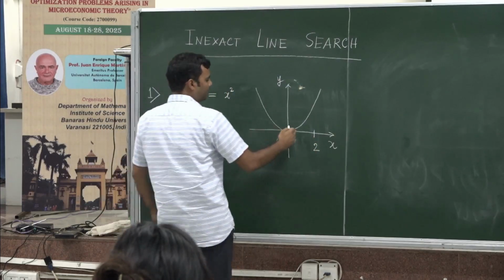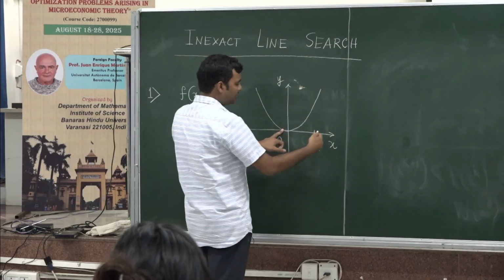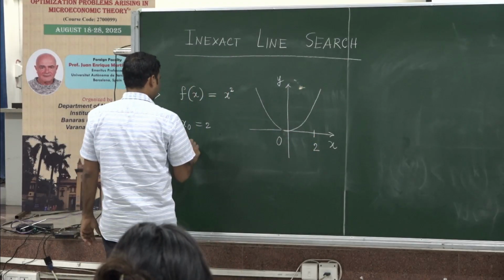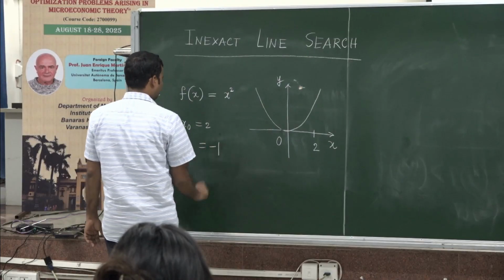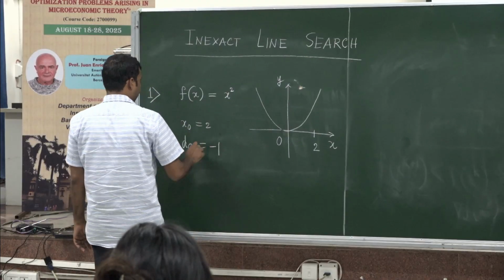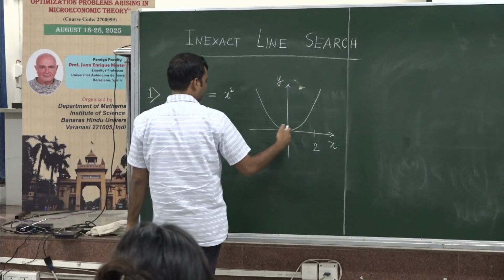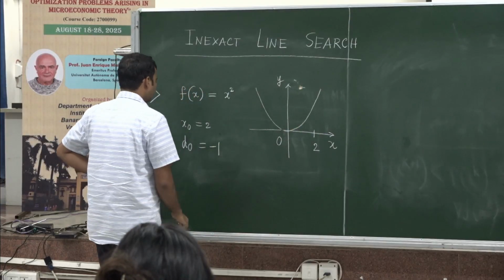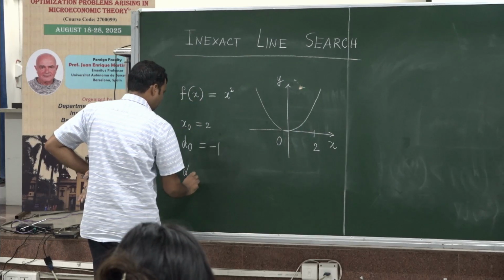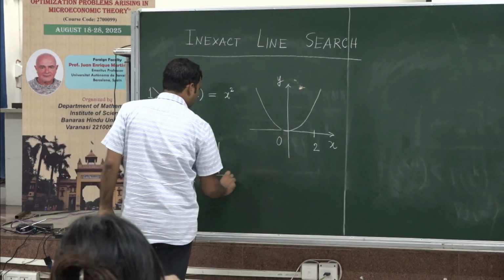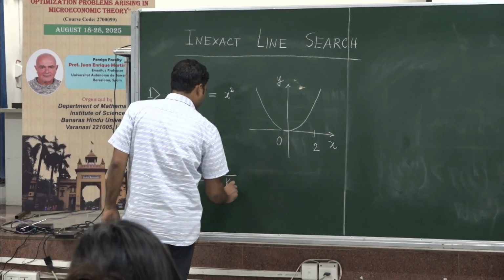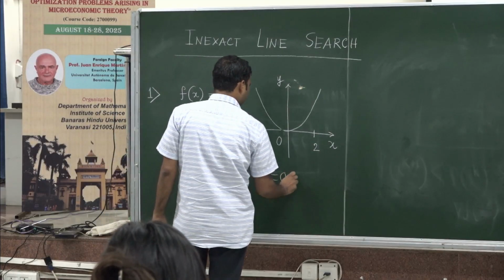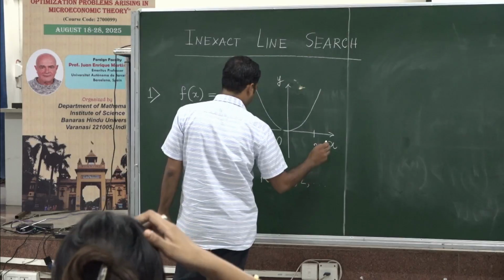I mean, as long as I am at the positive x value, descent directions are on this minus 1, is it not? So here you have d naught equal to minus 1, and not only d naught, everywhere as long as in the positive direction you have this minus 1 as a descent direction, and follow this alpha k as 1 over 2 to the power k plus 1 for every k starting from 0, 1, 2 and so on.